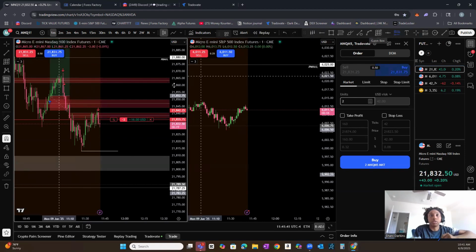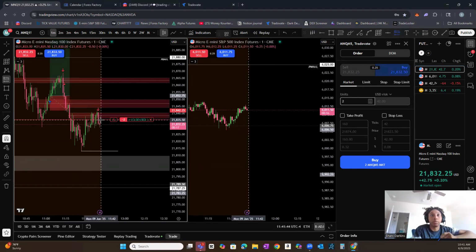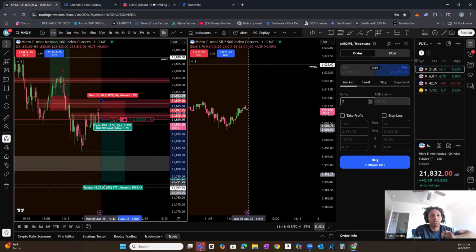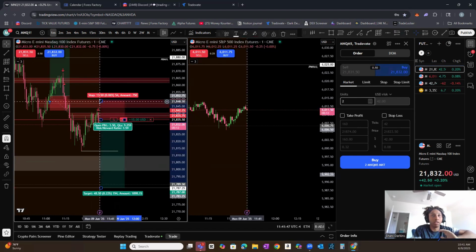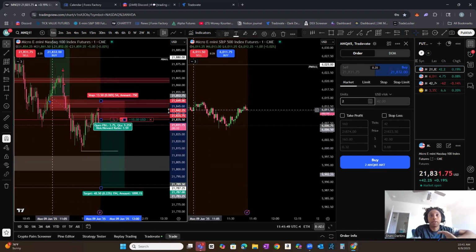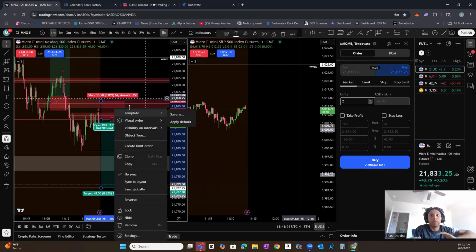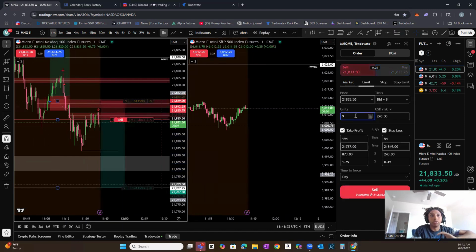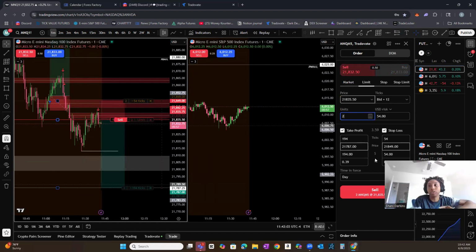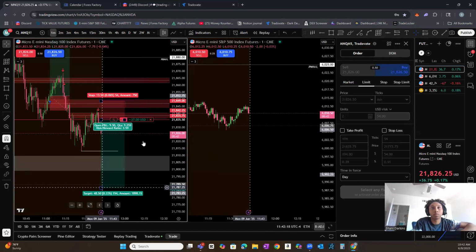Short position, we still have this devil's wick down here. I would love to see that devil's wick get hit. I was gonna create a limit order. The only thing that I am tripping about is the time on this. It's 11:42. Oof, that's what I like to see though.